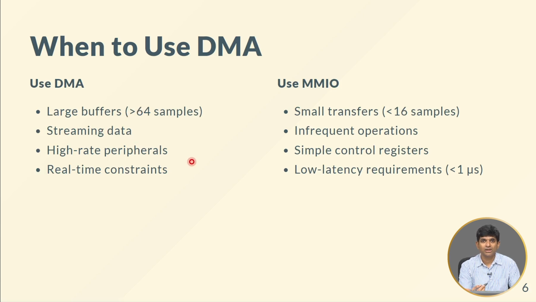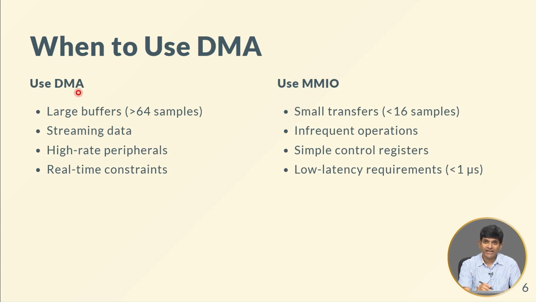It depends on the bus speed, the processor speed, the amount of data, the bus width, lots of other parameters of that sort. Over here I put down a number saying 64 samples, but the point is that you need to actually check whether it makes sense given the bus speed, the DMA setup latencies and so on, whether it makes sense to use DMA or not.